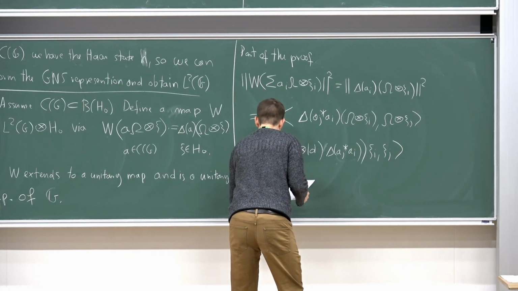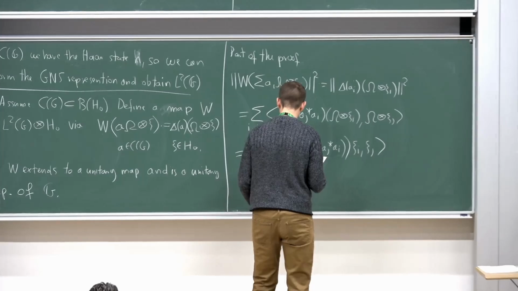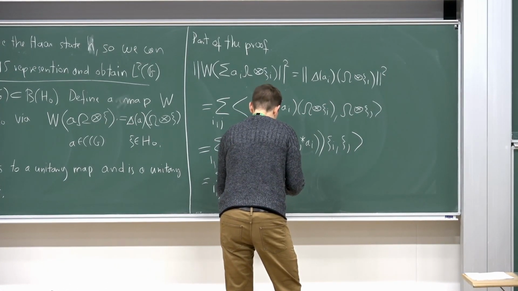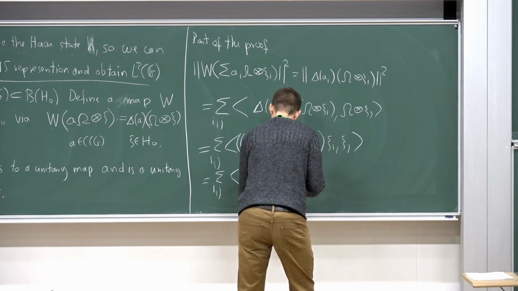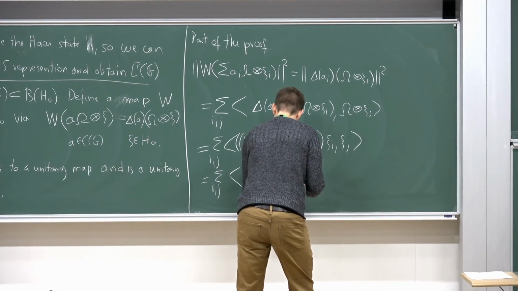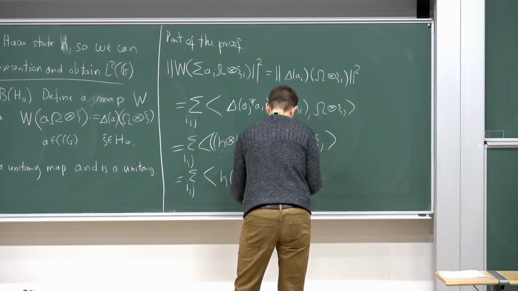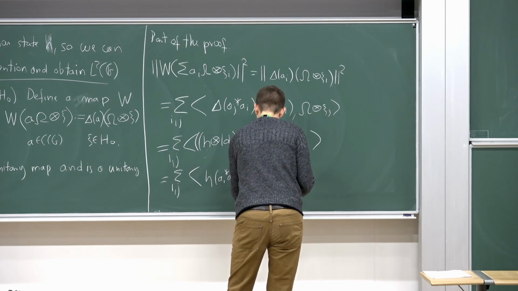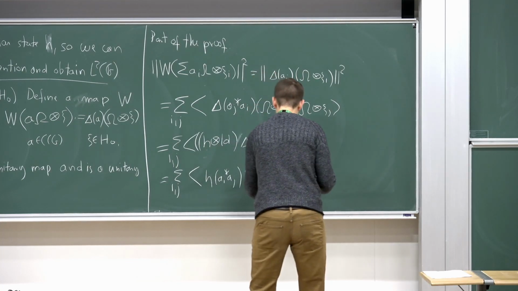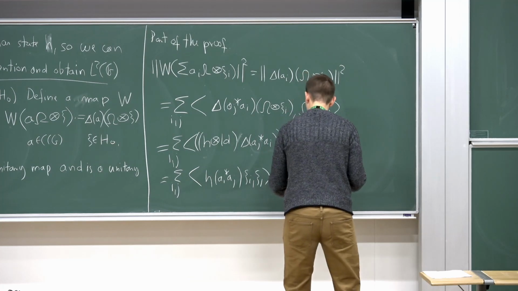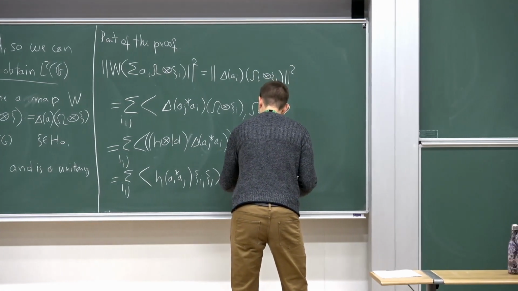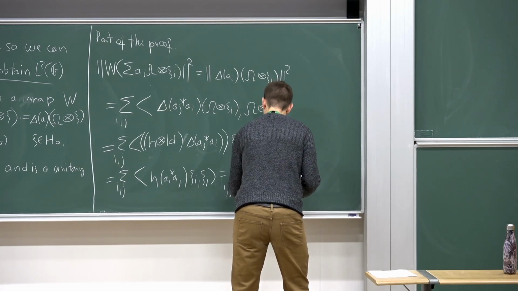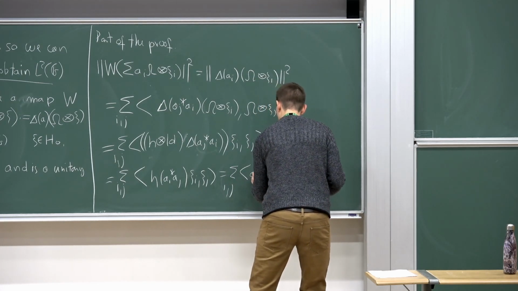So this is equal to the sum over i, j of h of A_j star A_i, psi_i, psi_j, which is equal now to the inner product of A_i omega tensor psi_i.